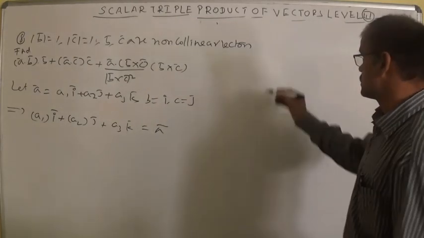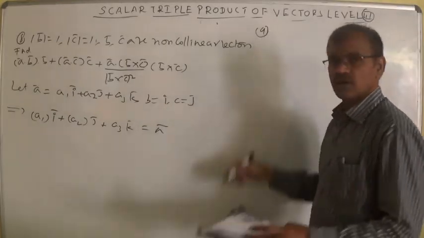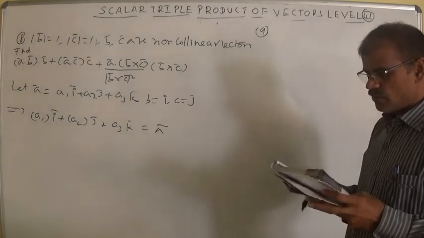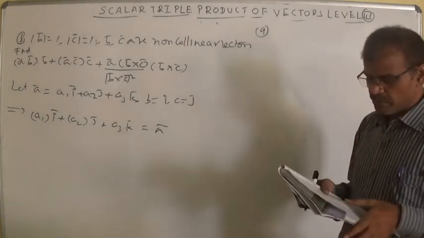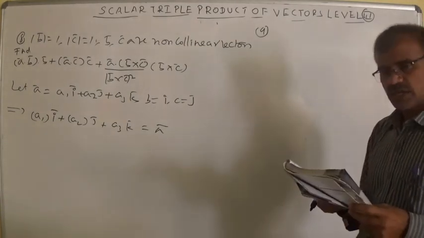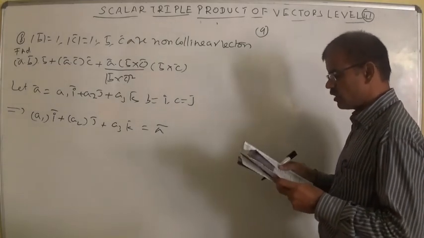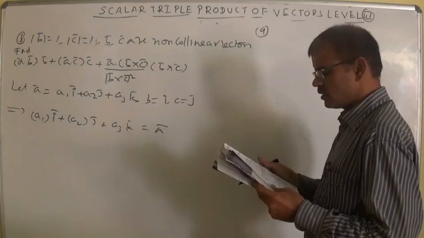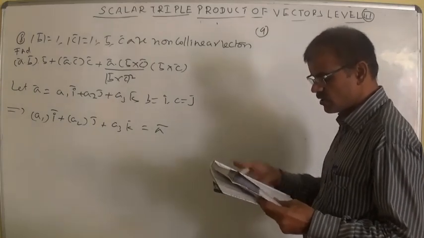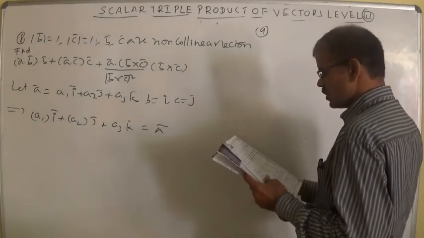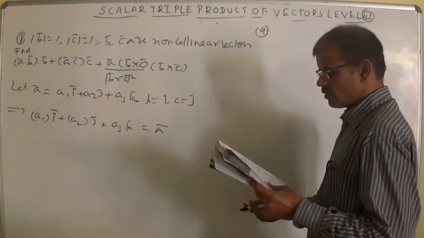Now let us discuss the ninth question. If V is the volume of the parallelepiped having three coterminous edges A bar, B bar and C bar, then using the data, the original volume is box ABC.